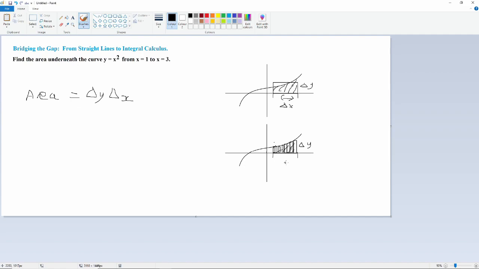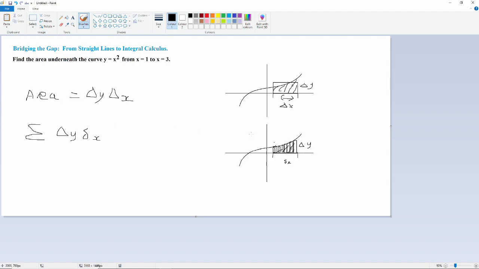So we could actually say the width of each one is little lowercase delta x, and then that's delta y. So it's the sum of all the change in y's multiplied by the tiny little itty bitty teeny weeny width of each rectangle.